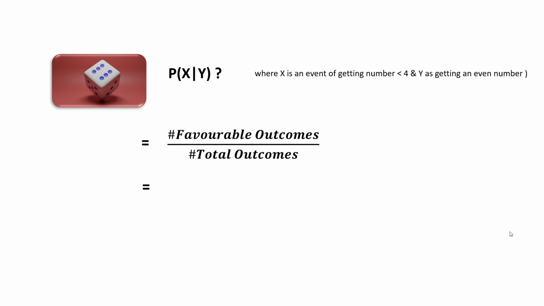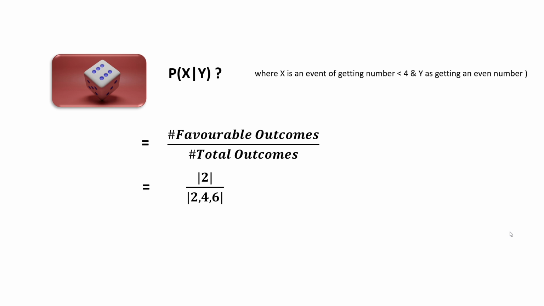So in this case, all possible outcomes would be 2, 4, and 6, given that we already know that y has already happened, or in other words, we already know that the outcome was an even number. So these could be the only total possible outcomes, right? And out of those even numbers, the only favorable outcome which would be less than 4 would be getting a 2, right? So this is how we should calculate the probability of x given that y, right?